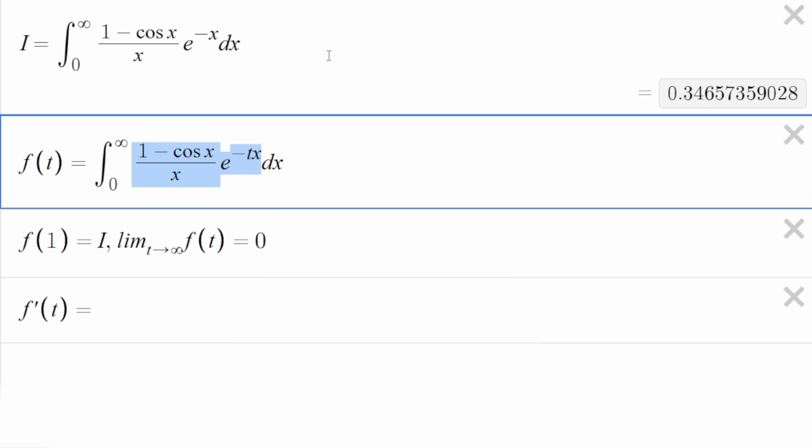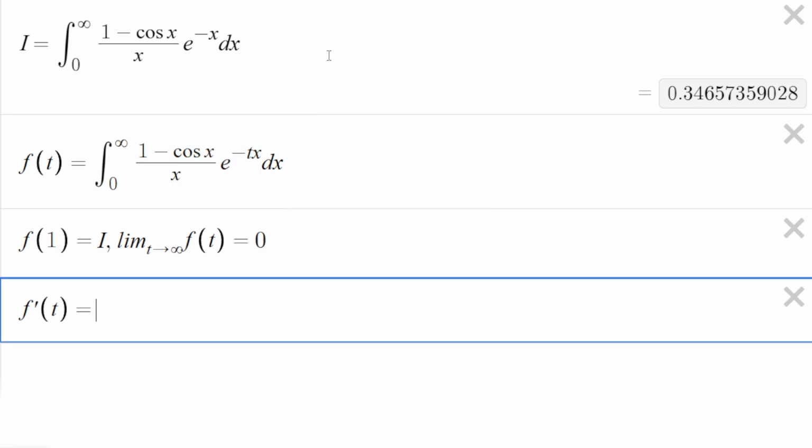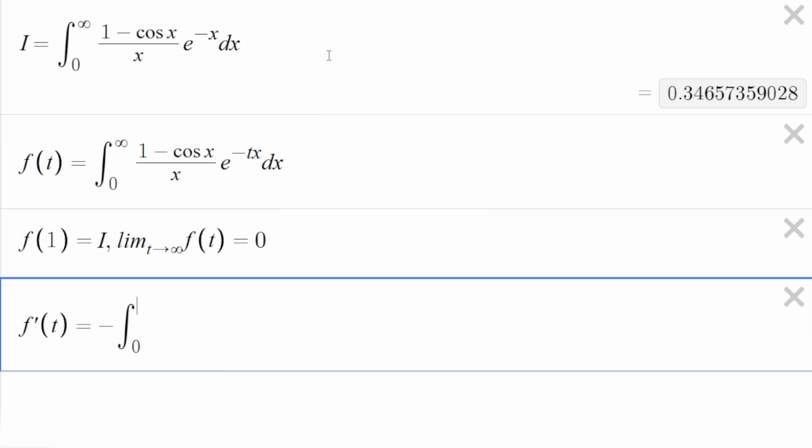And I'm not going to show the work here. All that's going to give us is negative integral 0 to infinity of 1 minus cosine x times e to the negative tx dx. And let's just verify that that's true.